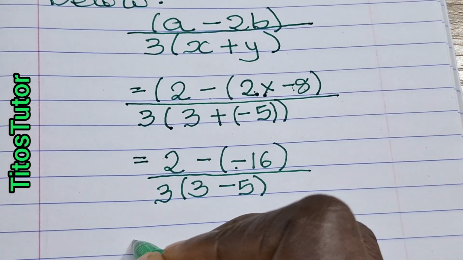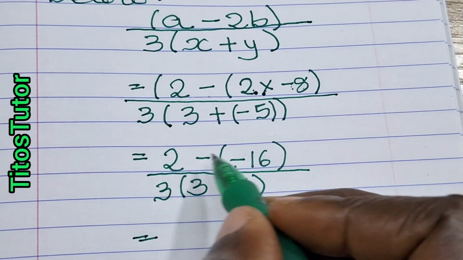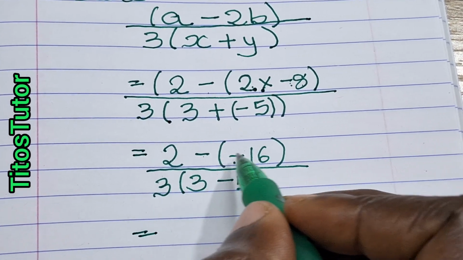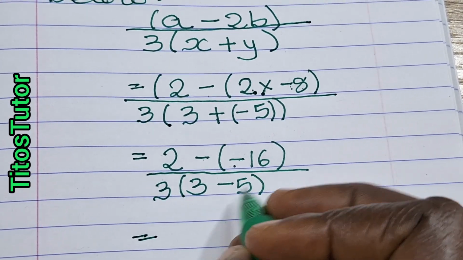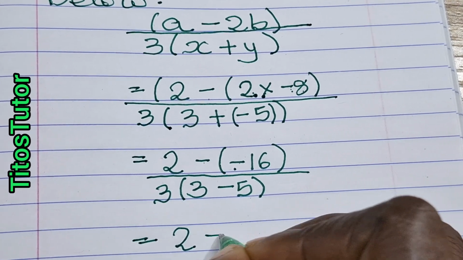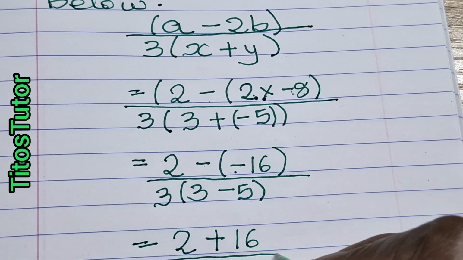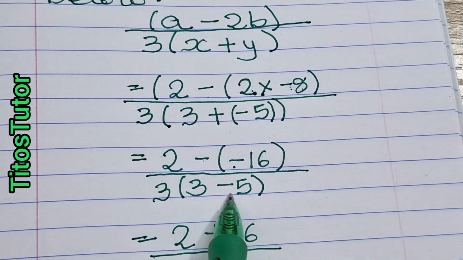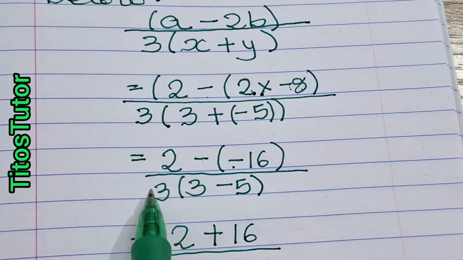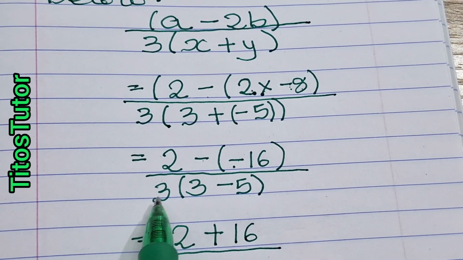Okay, so here I have 2 minus, multiplied by minus gives you a plus. So this is 2 plus 16 all over. You sort out what is inside the bracket first before you multiply with 3 that is outside.